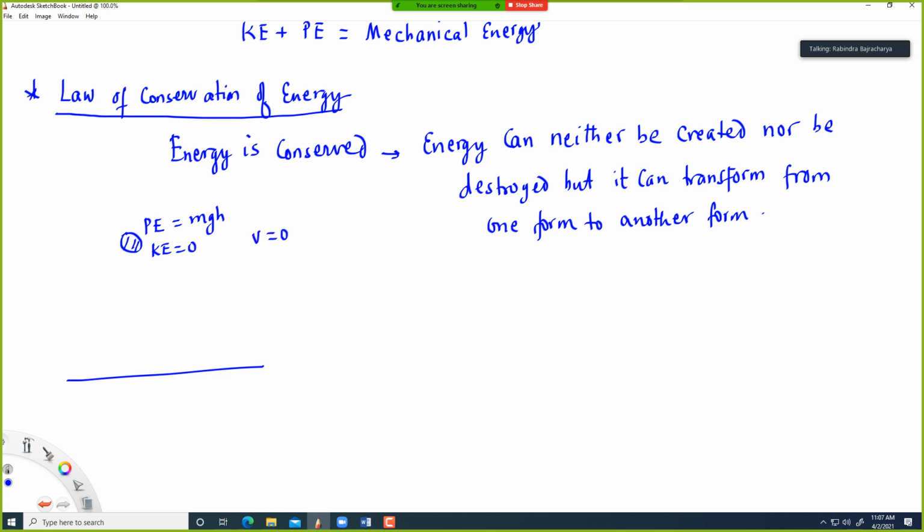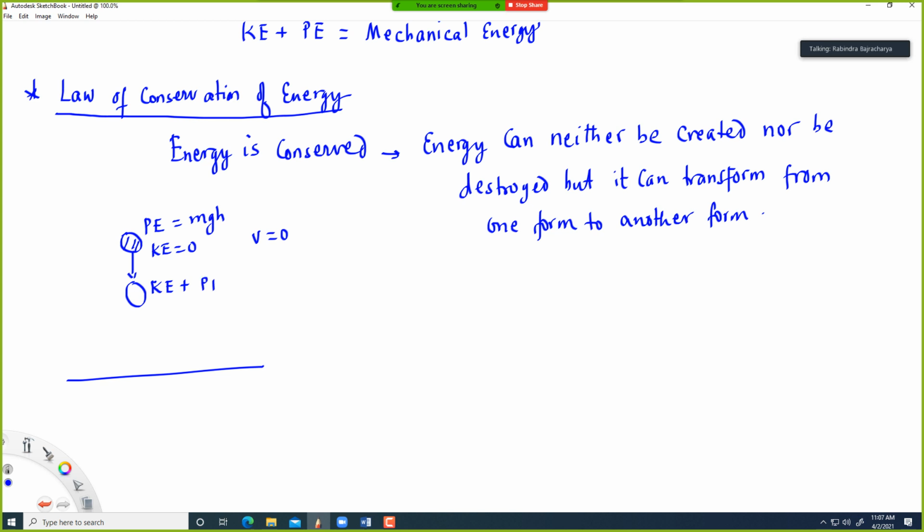Kinetic energy depends on speed. If speed is 0, kinetic energy is 0. Now as you drop this object, it will gain speed and lose height. Losing height means potential energy would be less than here, but there would be greater kinetic energy.